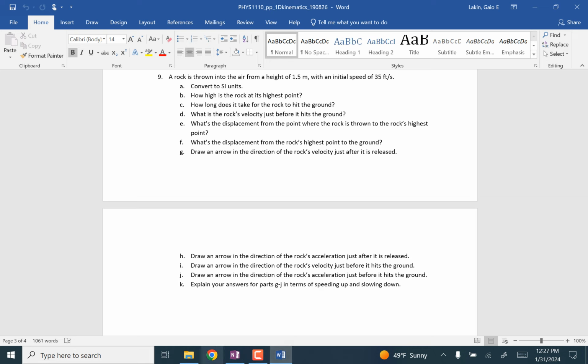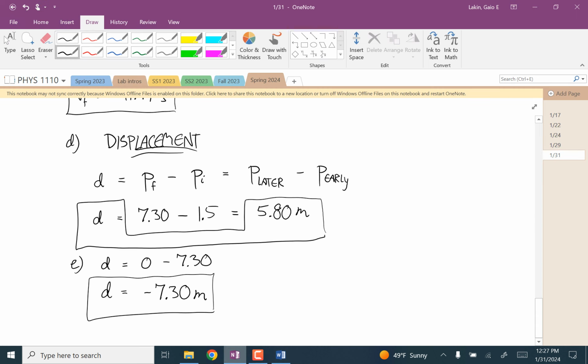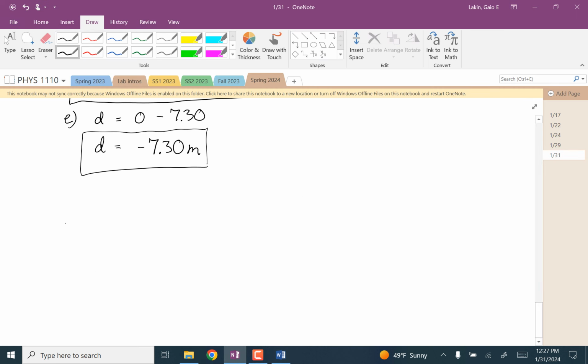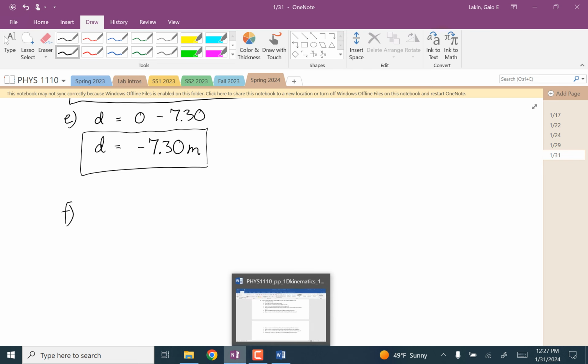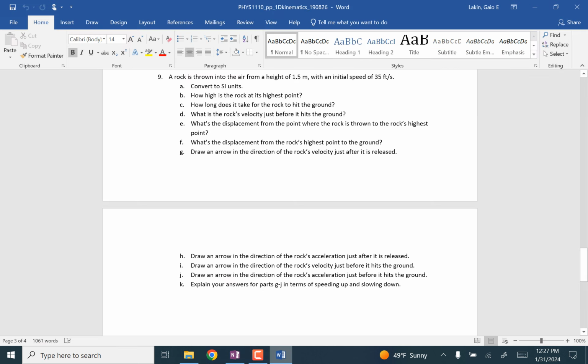And so now it asks us to draw some arrows in the direction of velocities and accelerations. So the first one is right after it's thrown.